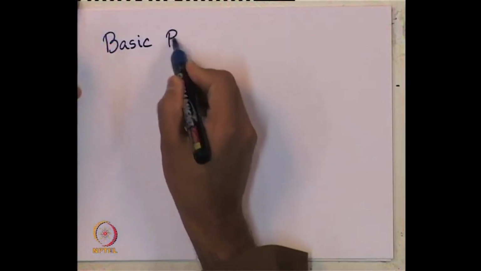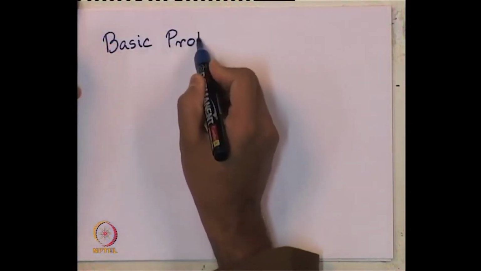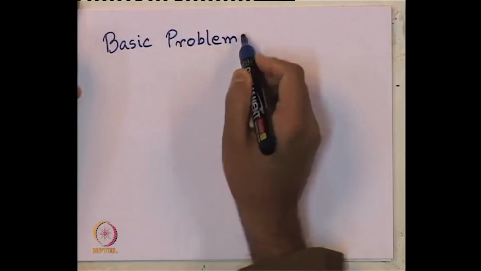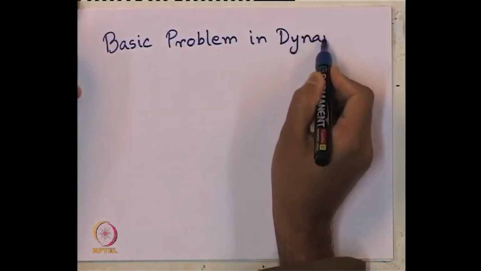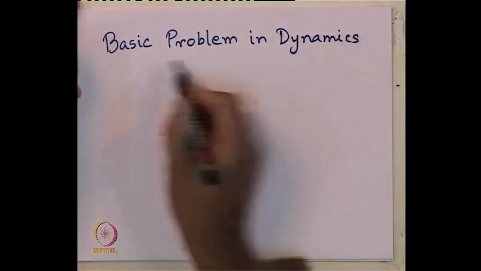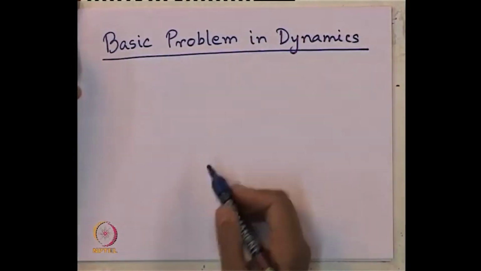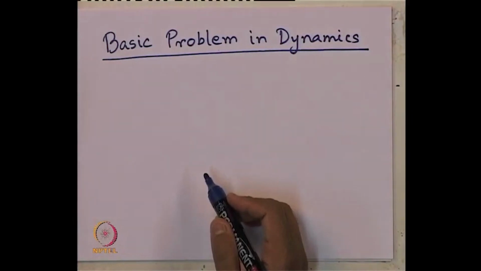So, the basic problem in dynamics: how does it differ from the problems related to our static problem?